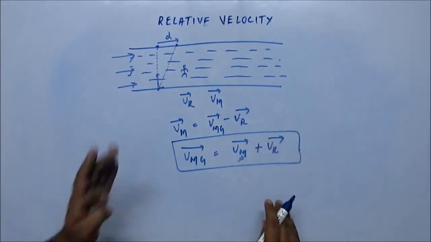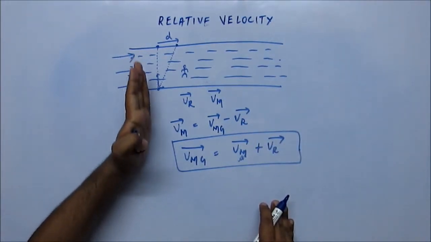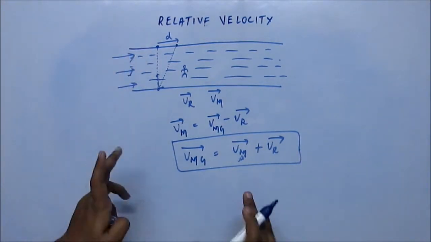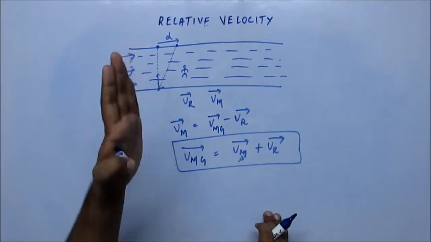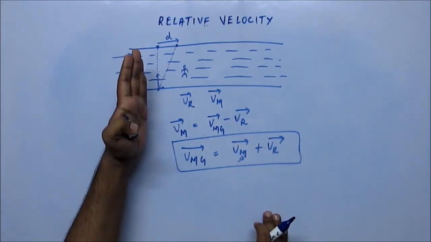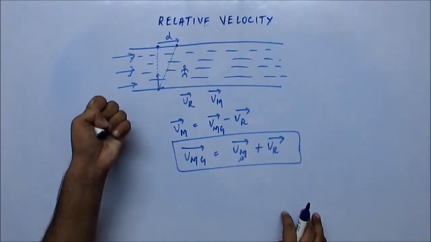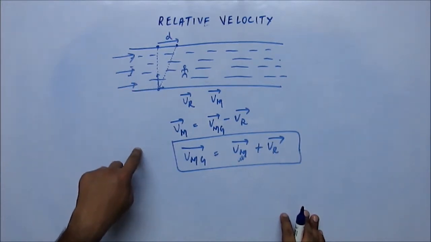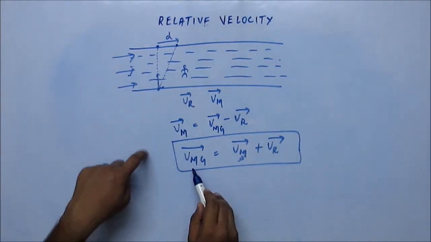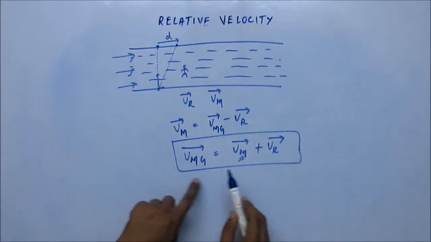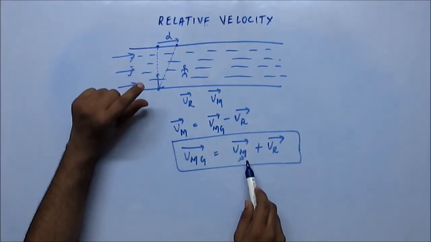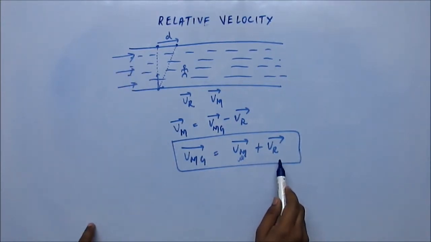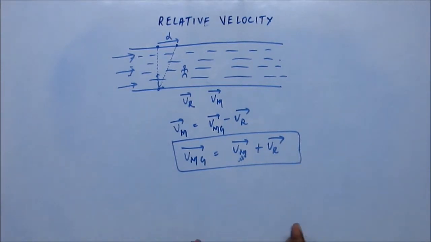Now if the man intends to go straight perpendicular to the flow of river, just opposite on the other side, then the velocity that the man would be generating would be Vm, and the direction will be perpendicular. But the velocity of the swimmer with respect to an observer on ground, that means velocity of the man, the swimmer, with respect to ground, will be the velocity which the swimmer is thinking he is generating, plus the velocity of river, that is the actual velocity of the swimmer.